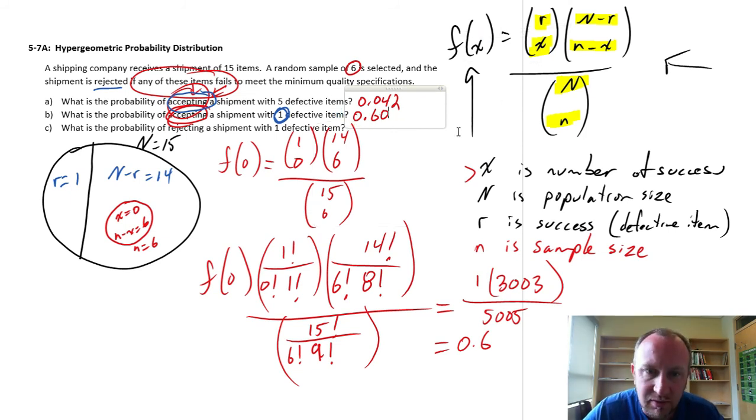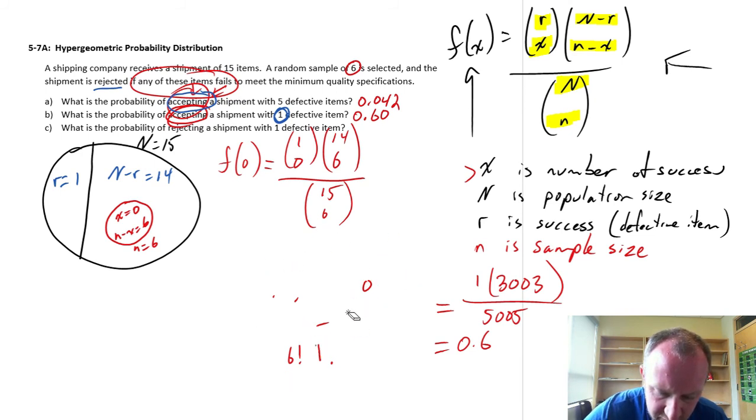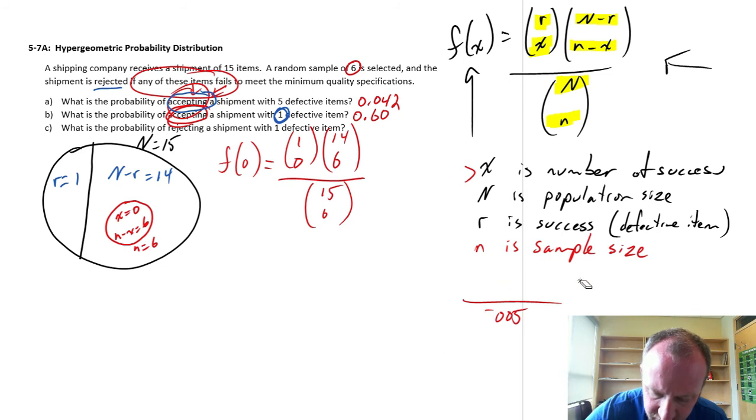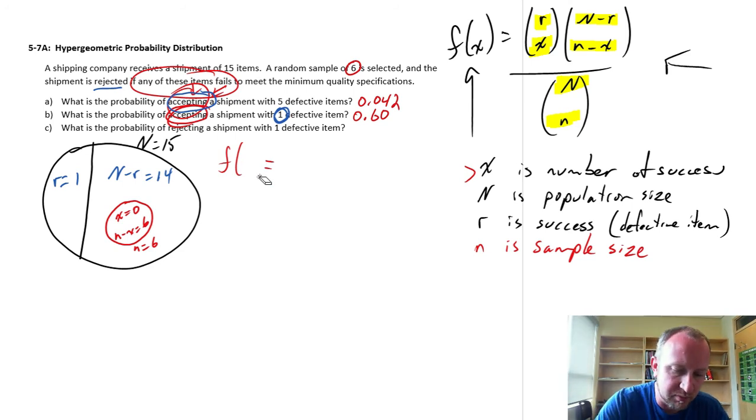Okay, we're getting there. Last one. What is the probability of rejecting a shipment with 1 defective item in it? Let's get rid of some of this. So now we're going to reject that shipment, which means the blue text stays the same.